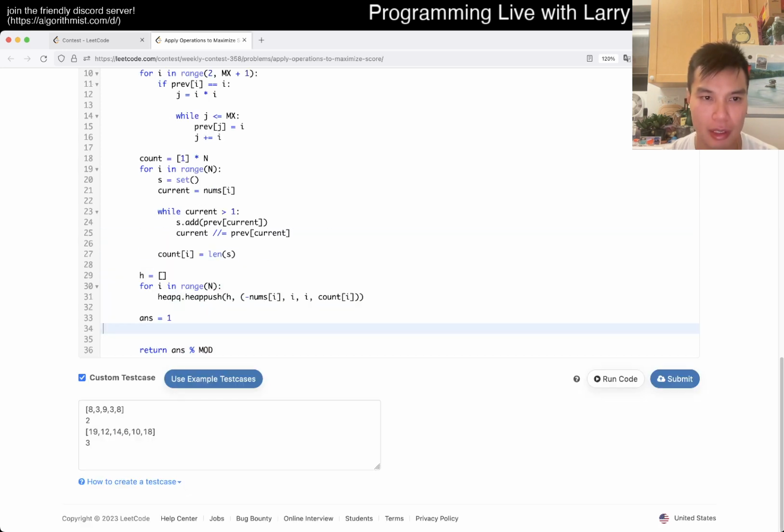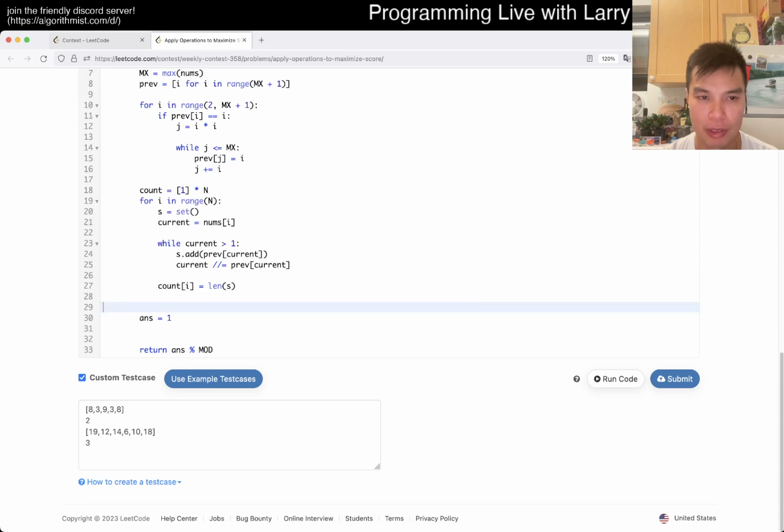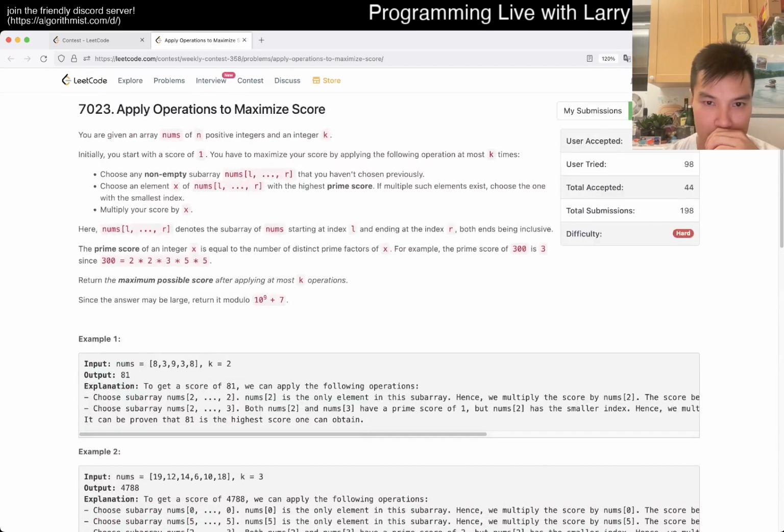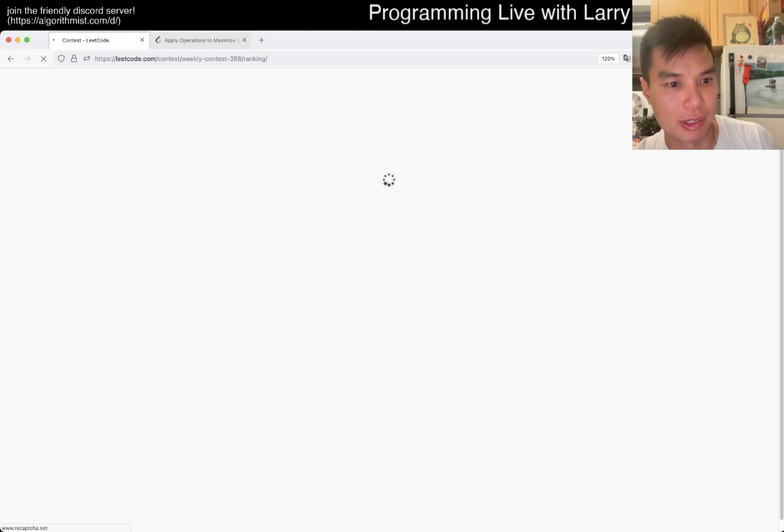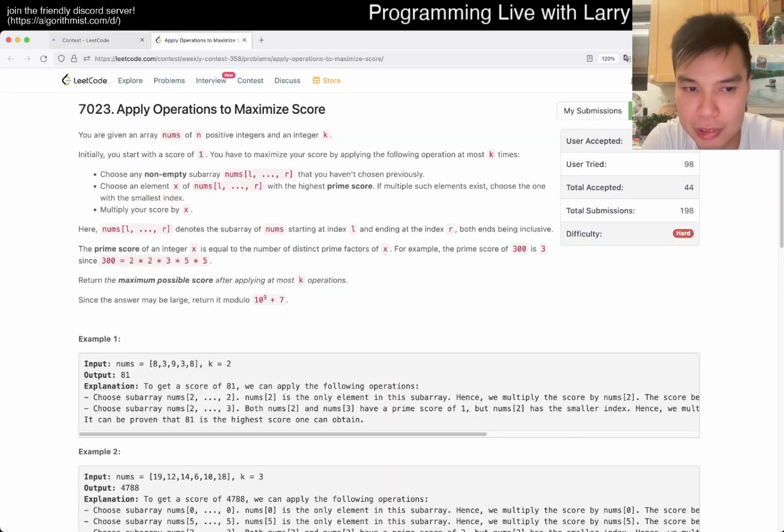This is bad. But basically what we're doing is, for each number, what is its contribution? If the number extends to the right, today is a rough day. Okay, contribution.